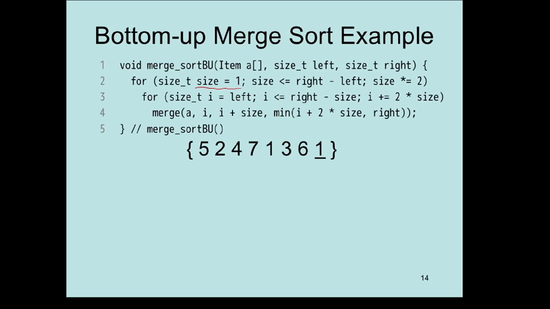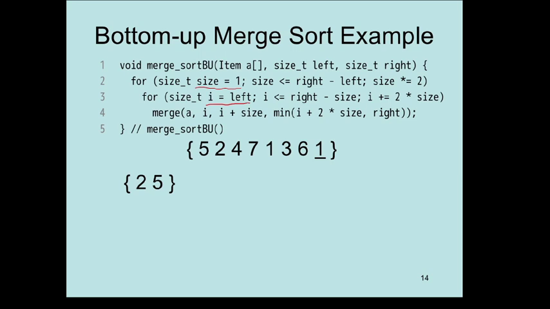So size equals 1 is how big the regions are that we are going to merge, and then our loop here is basically how many merges need to happen. So given that I have regions of size 1, how many merges do I have to do to get them merged together?